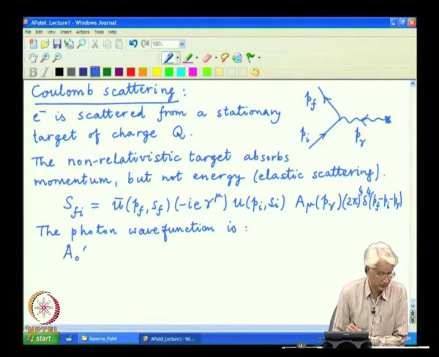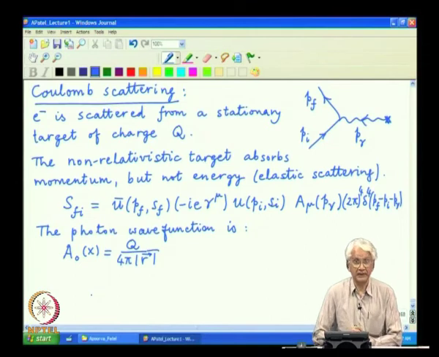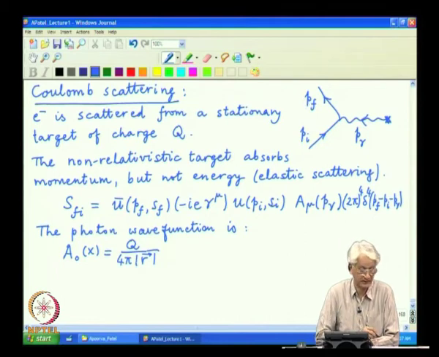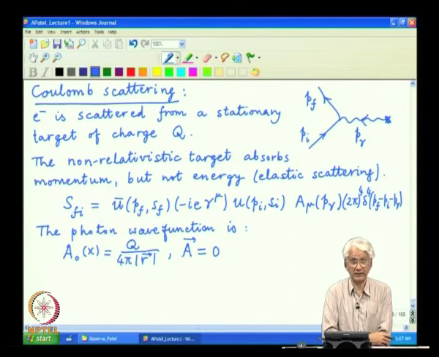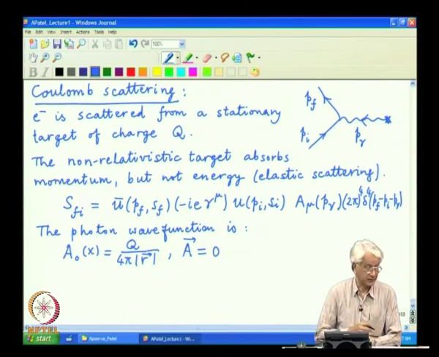So, A^0(x) is equal to q over 4 pi r. I am using again the standard units in high energy physics, where epsilon_0, c, all those things are set equal to 1, and the vector part of A is identically 0.